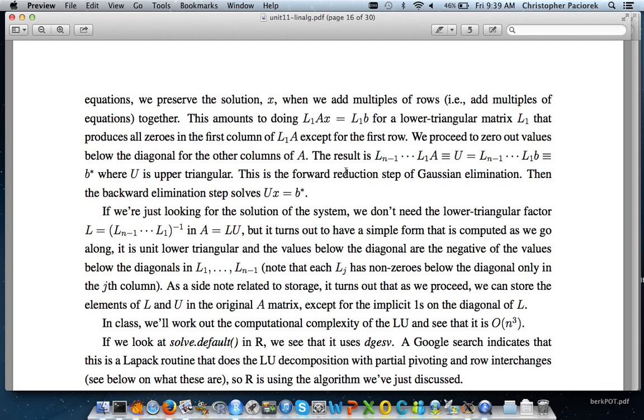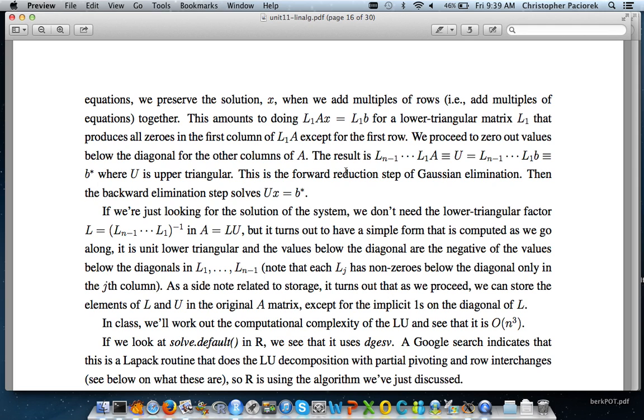If we do the Cholesky, A has to be symmetric, so we're only working with half as many elements. We only have a single U to calculate, only the upper triangle, and then the other factor is just the transpose of that. So that's the intuition for why it's half as many calculations to do the Cholesky decomposition as the LU decomposition. Okay, what else do I want to say about this?